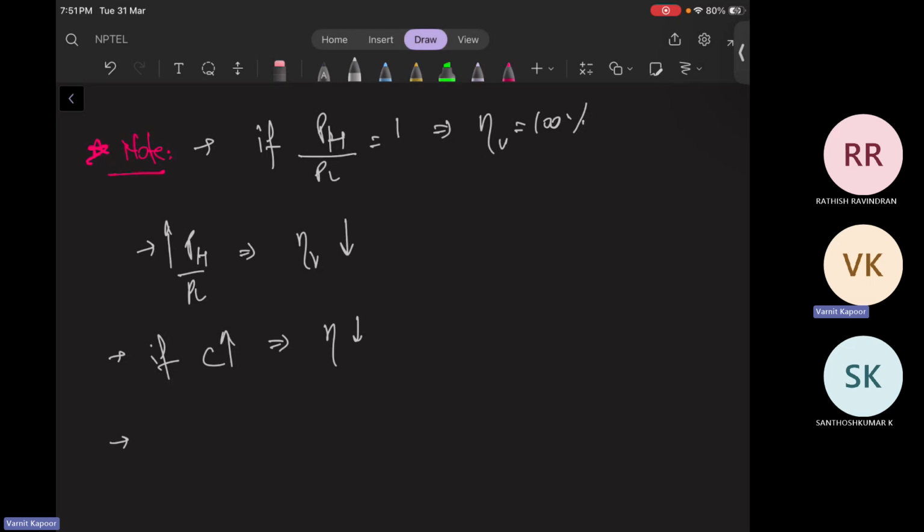And last point, if the polytropic index is increased, that is you go from a tri to di or monoatomic gas, the polytropic index is highest for a monoatomic gas. We have seen this in the IC engine part. So your efficiency is going to increase.